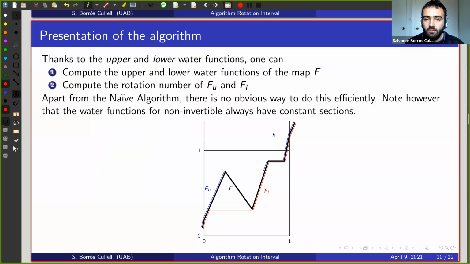Hence, we could give the first naive algorithm to compute the rotation interval of a map: compute the upper and lower water functions, which can be done sometimes numerically, sometimes analytically, depending on the function. And then just compute the rotation number of f_U and f_L. We have an algorithm that we call the naive algorithm that allows us to do this.